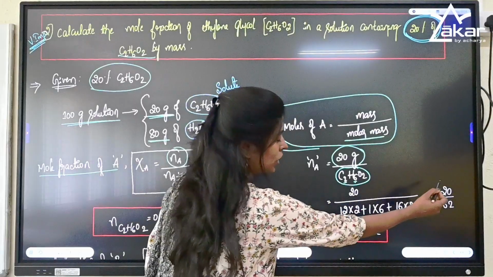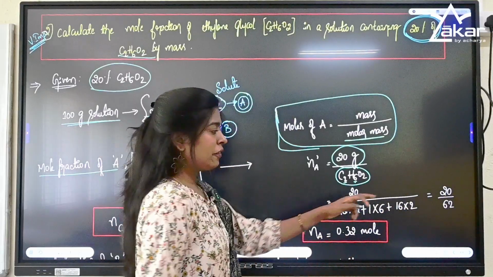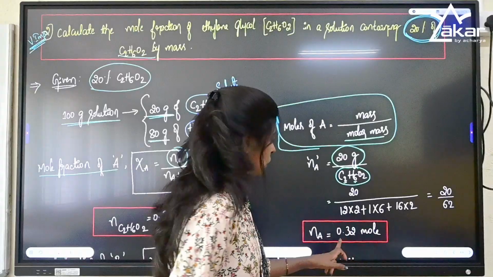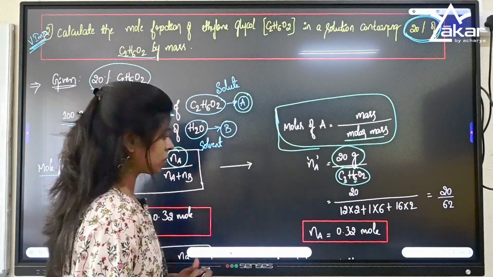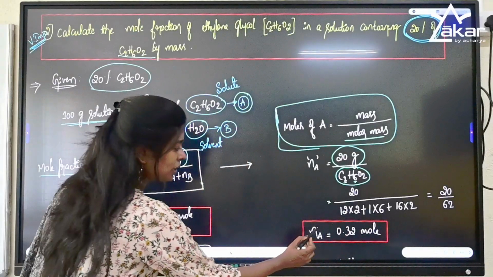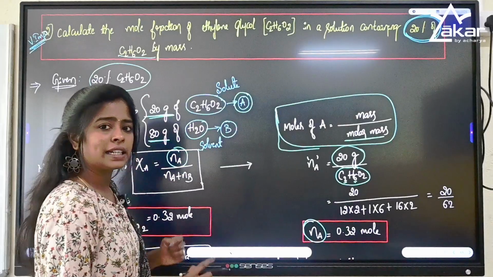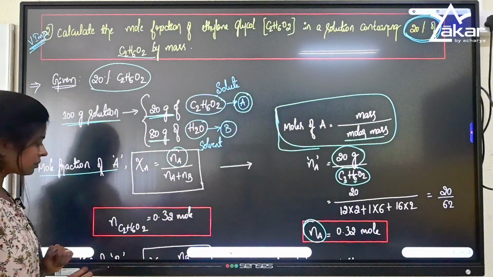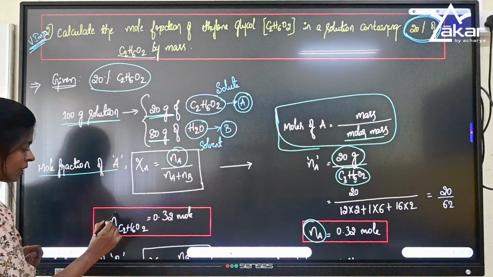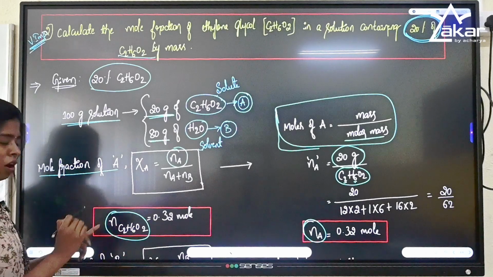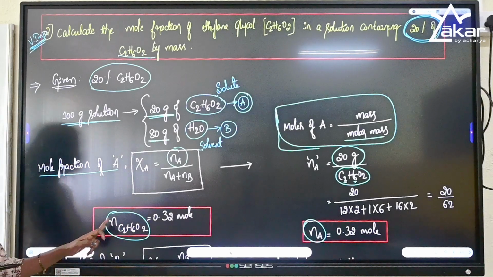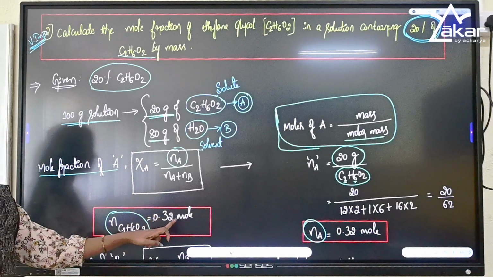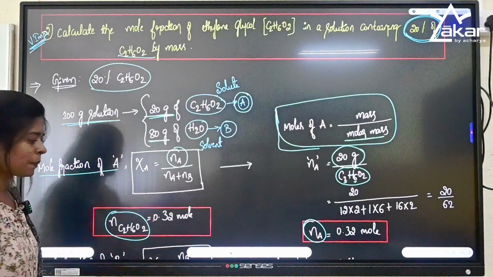If you solve this, you will get 20 by 62. If you divide 20 by 62, you will get 0.32 moles. Now we got the number of moles of A, that is ethylene glycol. So that is what I am writing here: Na, or number of moles of ethylene glycol, is found to be 0.32 moles.